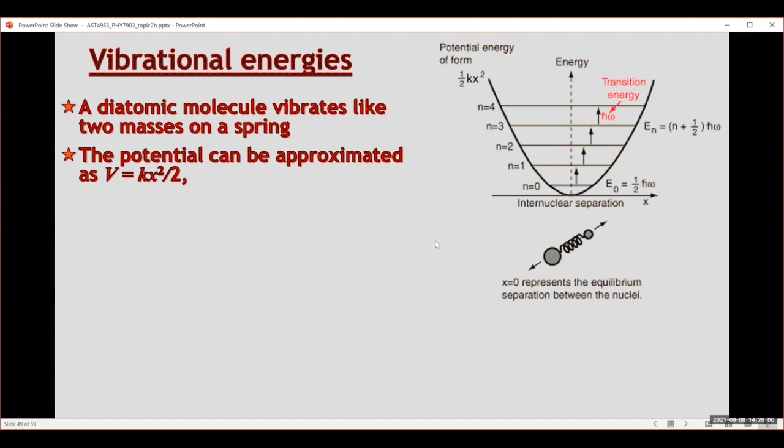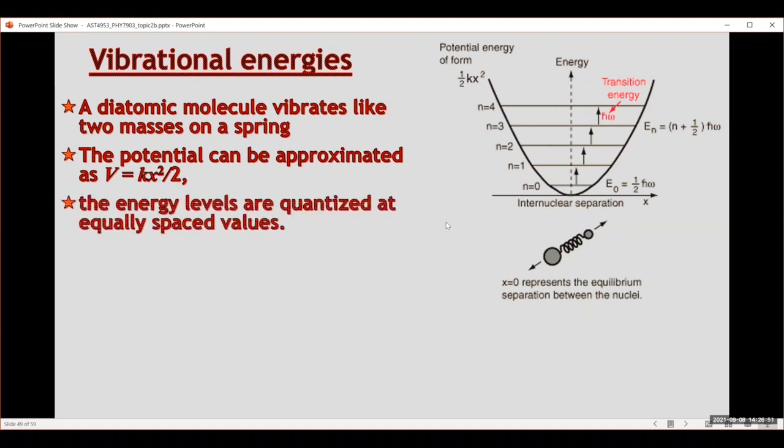That allows us to work out that we're only allowed to have energies of (n + 1/2) times h bar omega. So that's our quantization that gives us equal spacing in the potential well.